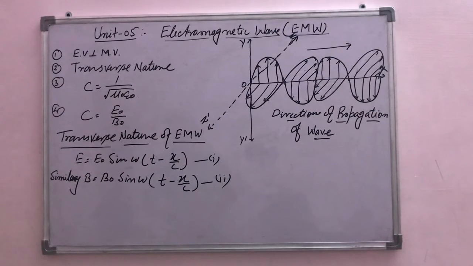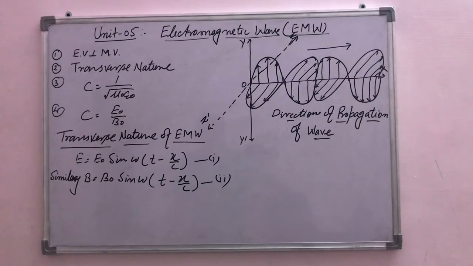Next thing is, what are the frequencies of such waves? So I am discussing here one by one. Number one, the range of the frequency of the radio waves is from 3 into 10 to the power 3 to 3 into 10 to the power 11 Hertz.